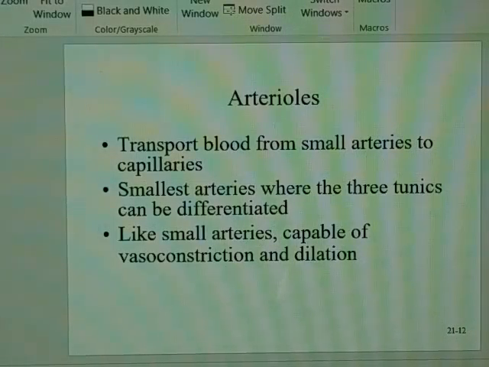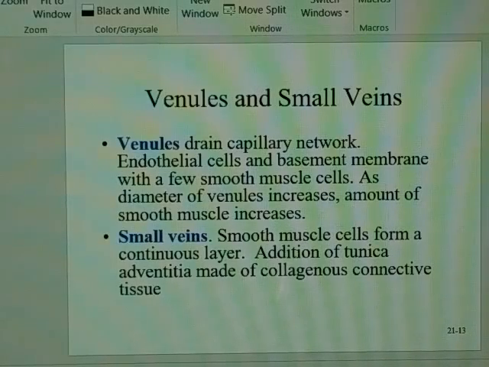Now, once we have the blood flow from the arteries from the large to the medium to the small to the extra small, we're going to have the arteries meet the veins in that capillary bed, and the flow actually goes from small to large. So in that capillary network, we're going to have the blood move into the venules.